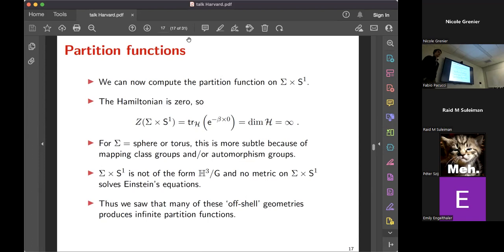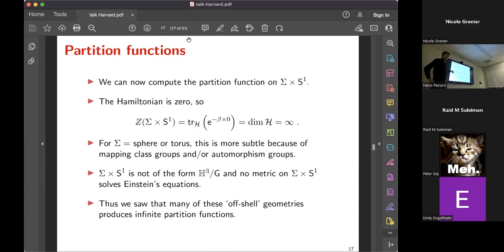So all these partition functions are infinite. I should mention that when sigma is a sphere or torus, this is a more subtle question, because there are things like mapping class groups and automorphisms of the sphere where you have to be more careful. But at least if this is a genus 2 or higher surface, this is definitely true. And I should mention that sigma times S1 is definitely not of the form H3 mod semigroup.